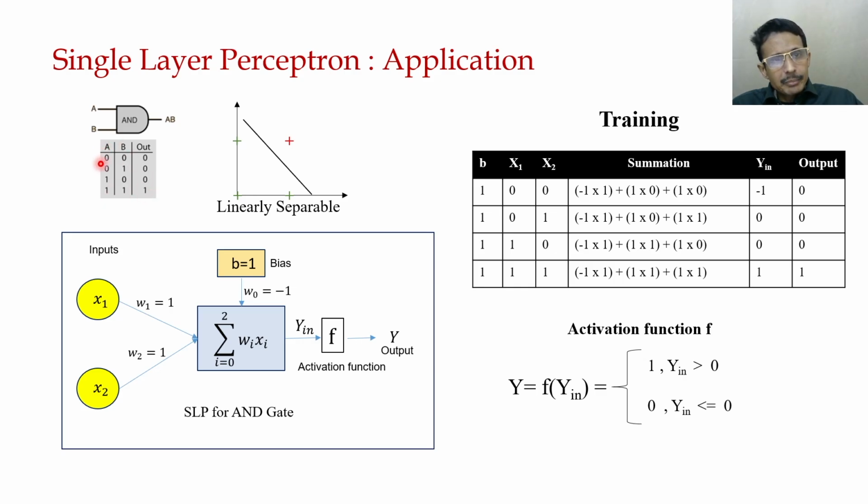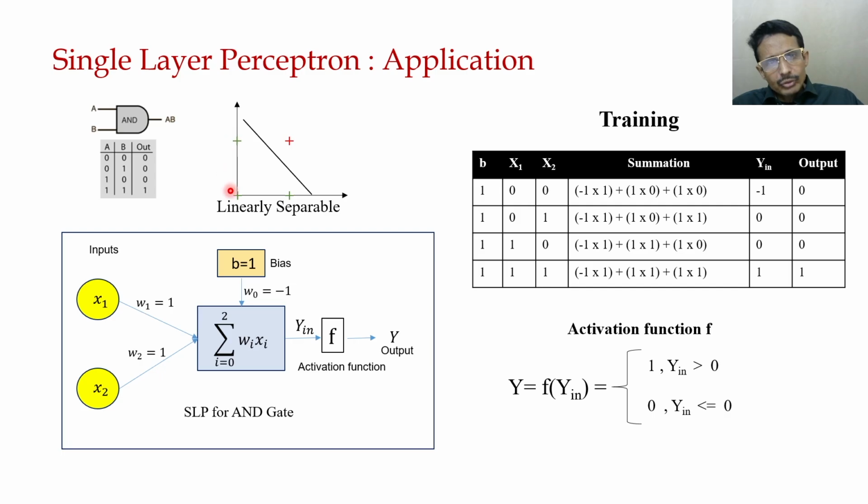These are the basic AND logic. Now if we plot this, with this as the A axis and this as the B axis, 0 0 is 0, so this green plus is 0, 0 1 is 0, this is 1 0, and only for 1 1 we have this red plus.